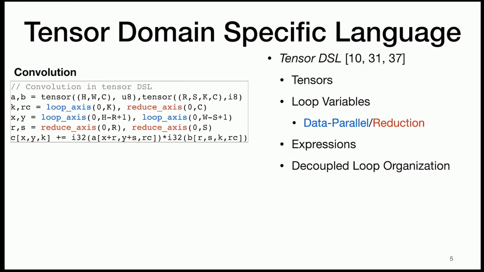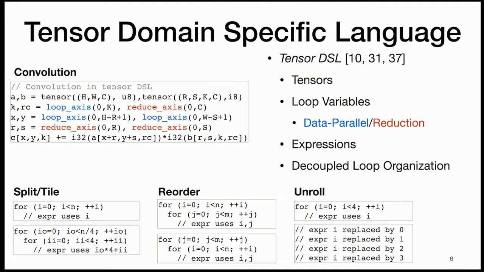In the figure above, we show how a convolution is implemented in this domain-specific language. Besides the declaration and the expression, the DSL also provides a set of interfaces to reorganize the loops, like splitting, reordering, and unrolling. These are very useful for the instruction rewriting and the performance tuning, which will be used later.